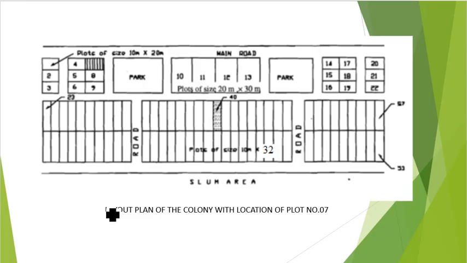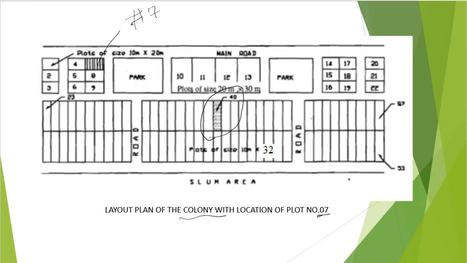This building is situated at plot number 7. This is plot number 7 where the building is situated. And this is the layout of the colony where plot number 7 is located, of which we have to do the valuation, and we have the market data of plot number 40.